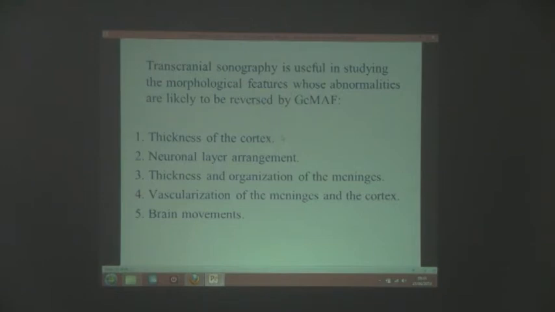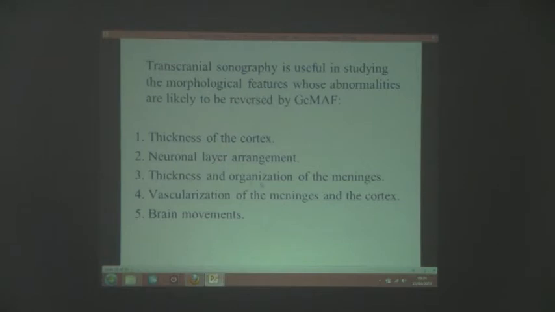Just imagine how useful it is for Parkinson or Alzheimer, and to check whether any given treatment, holistic, homeopathic, conventional, whatever, changes the thickness of the cortex. Then we can check for the neuronal layer arrangement that has to be parallel, and it is not parallel in a variety of neurological disorders.